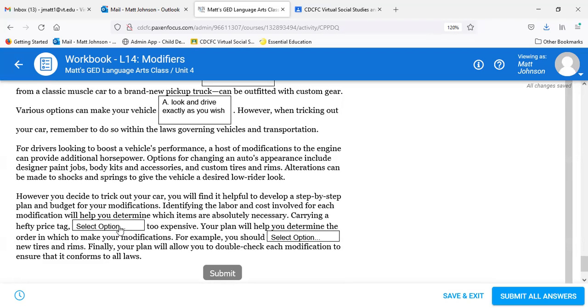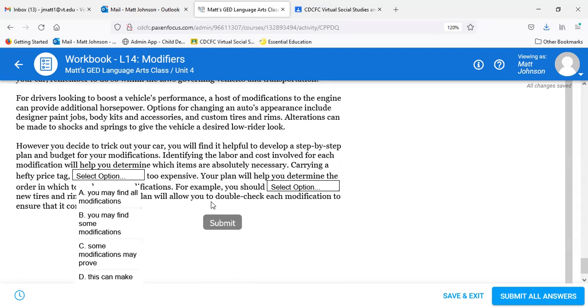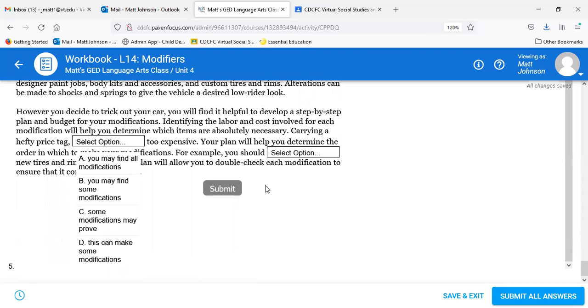Carrying a hefty price tag, some modifications may prove too expensive. D. C. Modifications is what we're modifying, and some is our modifier.